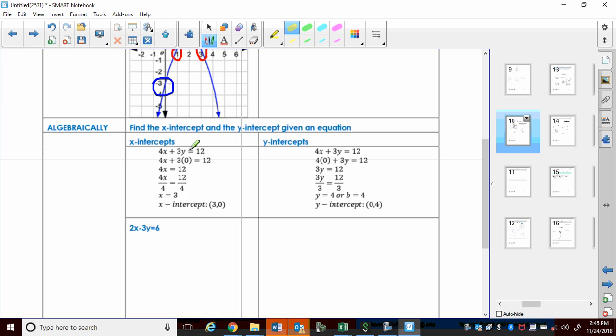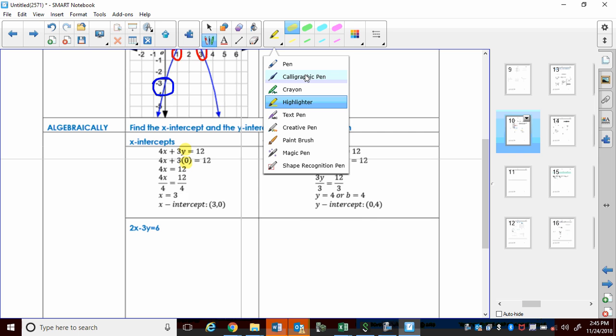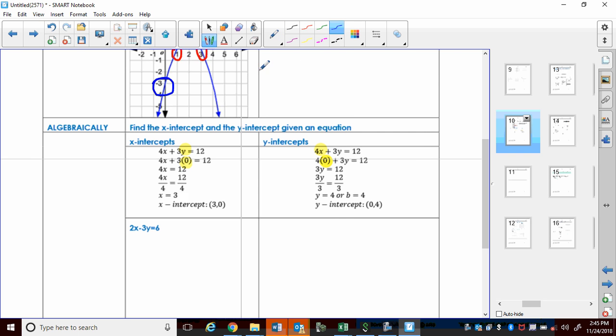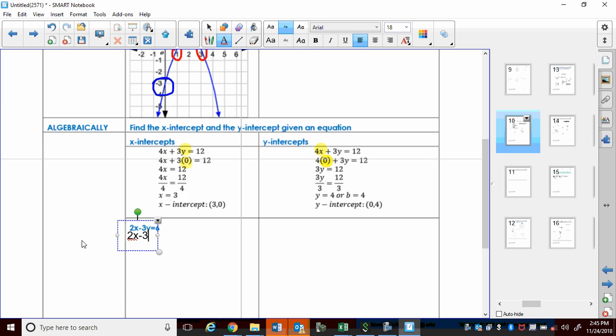What we're doing is we're saying that y equals 0 for x-intercepts and x equals 0 for y-intercepts. So we're just replacing things here, okay? So I'm going to go ahead and type this in. First I'm solving for my x-intercept on this side. So I'm replacing the y. So 2x minus 3, parentheses, 0 for the y equals 6.